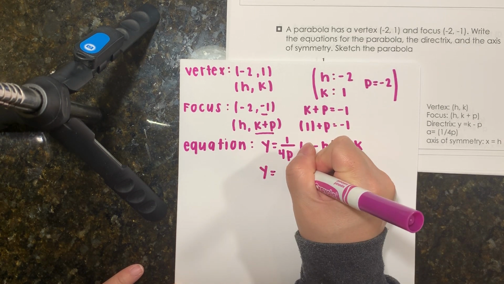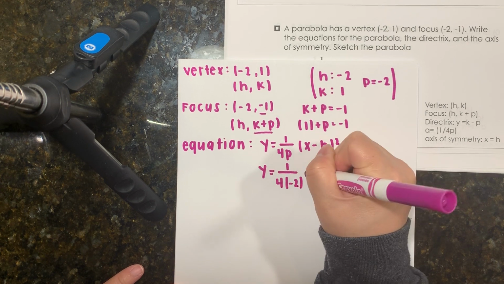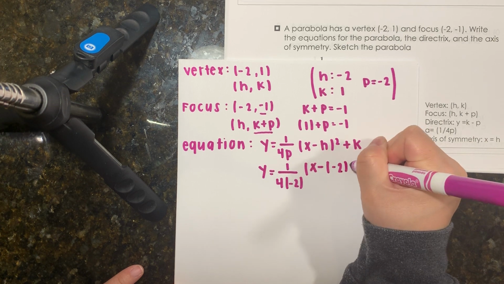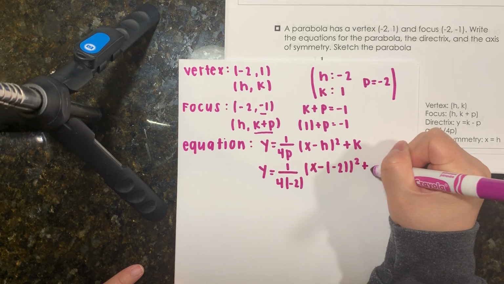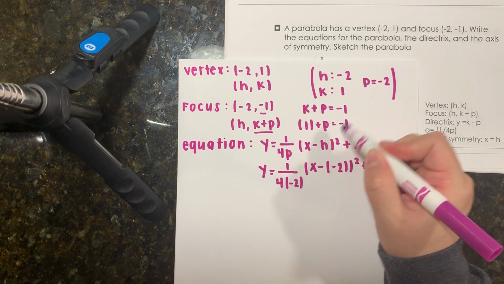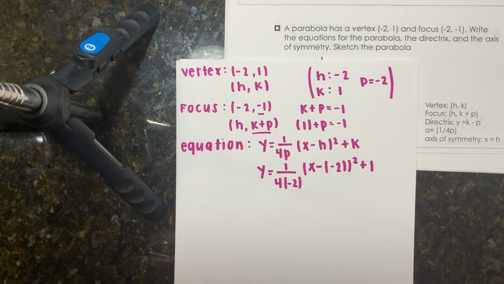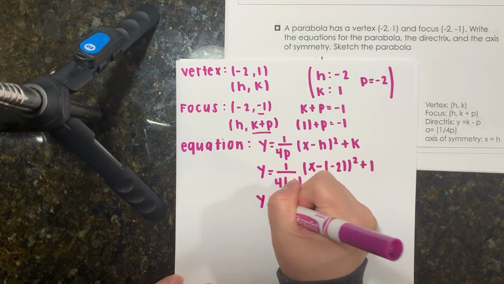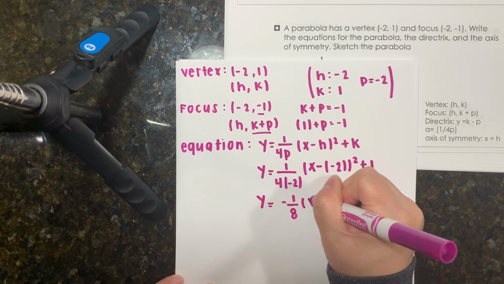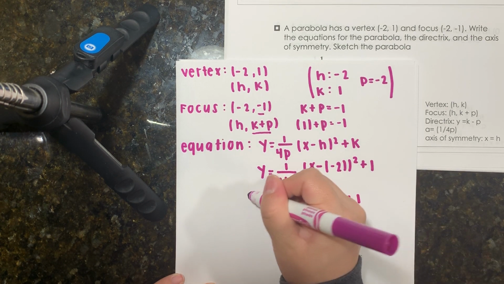So y is going to be equal to 1 over 4 times -2, times (x minus -2) squared, plus k, which is 1. So I replace my p with -2, my h with -2, and my k with 1. And now I just need to simplify that. So y is going to be equal to -1/8 times (x plus 2) squared, and then plus 1.